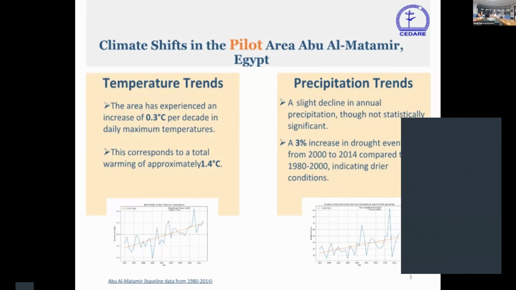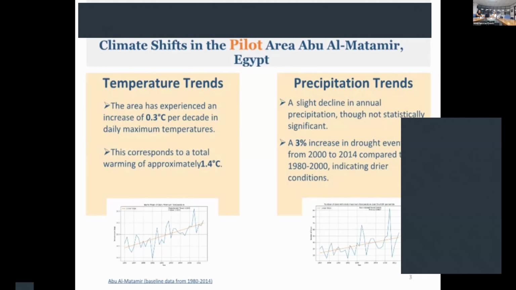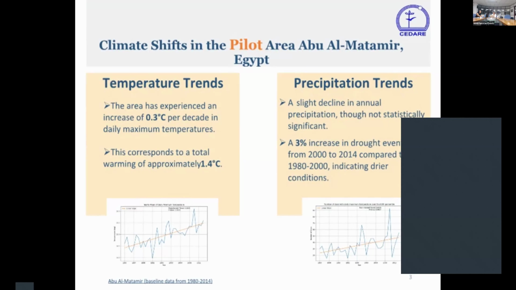The number of warm days has increased, with an additional 25 days above the 90th percentile and a decrease of 40 days below the 10th percentile over the 35-year period. The frequency of warm days, with maximum temperatures above 35 degrees Celsius and minimum temperatures above 15 degrees Celsius, has risen by 1.2 days per decade.